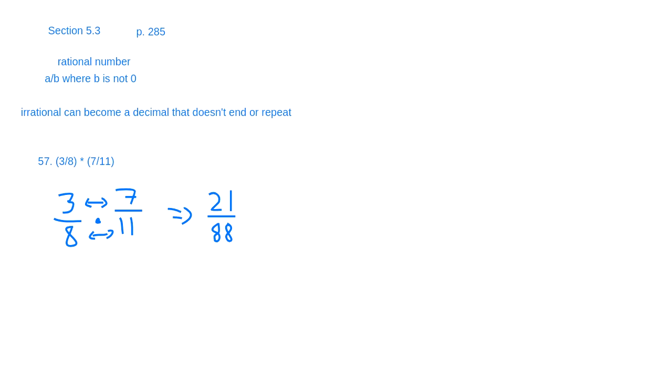So we could divide 88 by 2 and that'll give us 44, but 21 cannot be divided by 2. You can divide 21 by 7, but 88 cannot be divided by 7 and give us a non-decimal denominator. So this is reduced all the way, which means that this is going to be our answer. So there we go. Let's move on to the next problem.